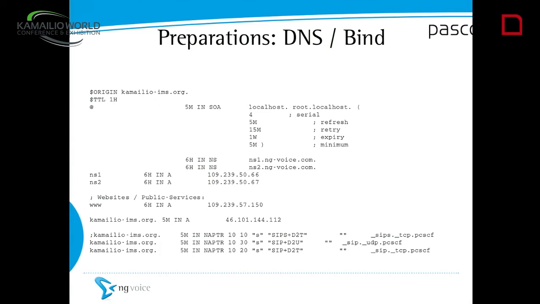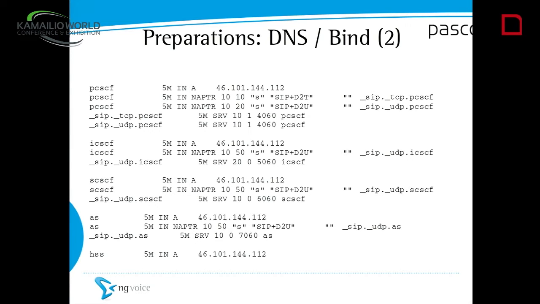If you do IMS, DNS is always a really important topic. Basically, in anything we do, we use all kinds of SRV records. For example, we also have NAPTR records to indicate what services a specific component is talking and what ports we are using.